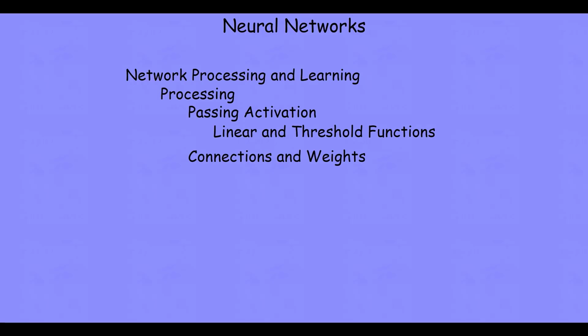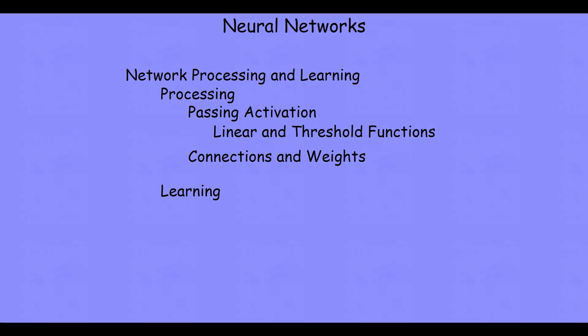Once activation is being passed, it will be modified by connection weights. Every unit is connected to every other unit in the next layer, and each of those connections is going to have a specific weighting, and that activation function will then take that activation, weight it in accordance with the weight between each unit, and then pass that weighted activation to the next unit.